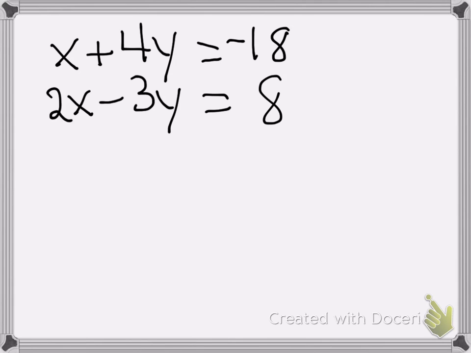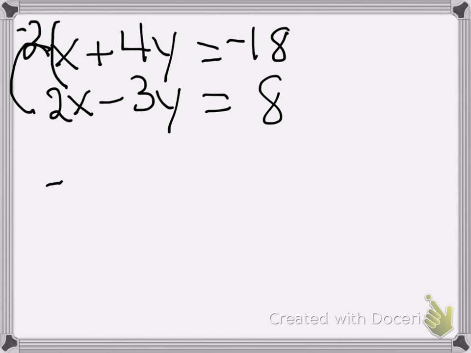So what I'm going to do is look for the shortest route. I'm going to look at these two right here. All I would have to do is multiply my top equation by -2, and everything would drop out. So I'm going to put a big parentheses right there, and a -2 outside. And then I'm going to multiply.